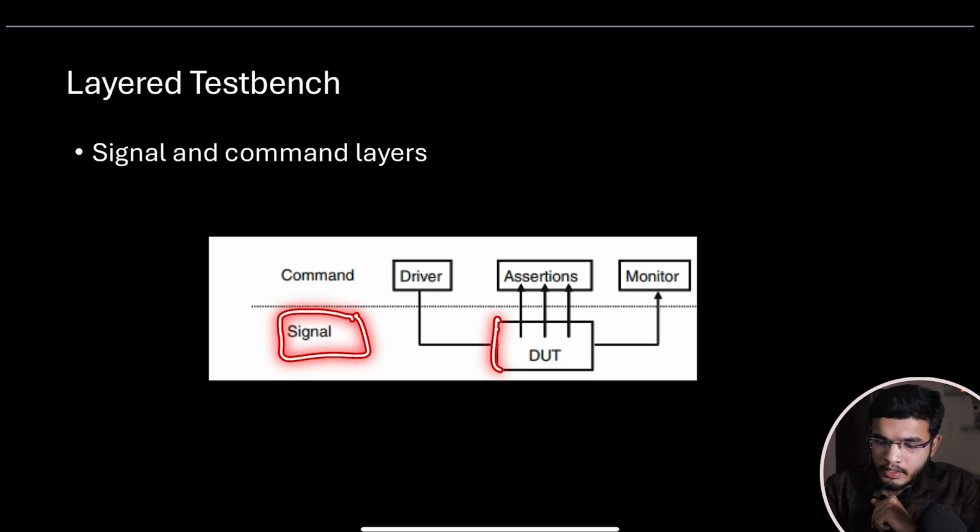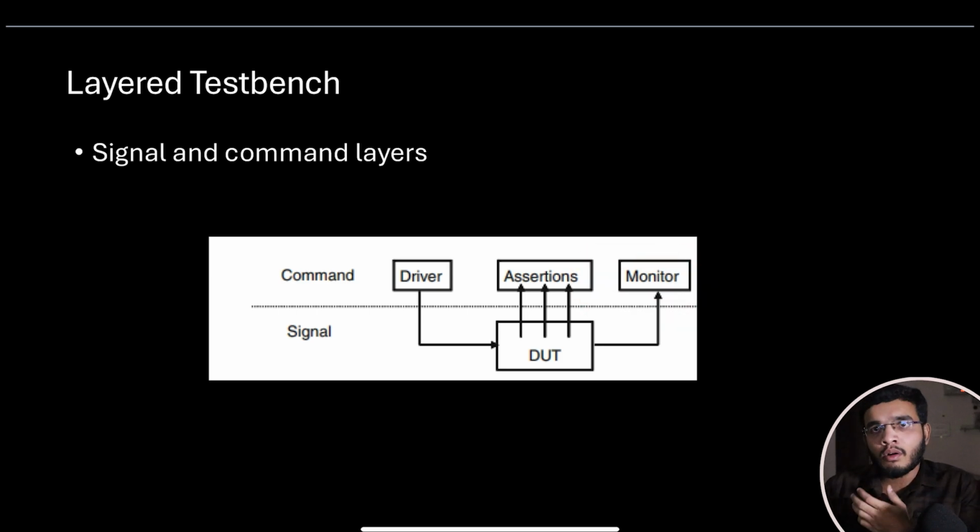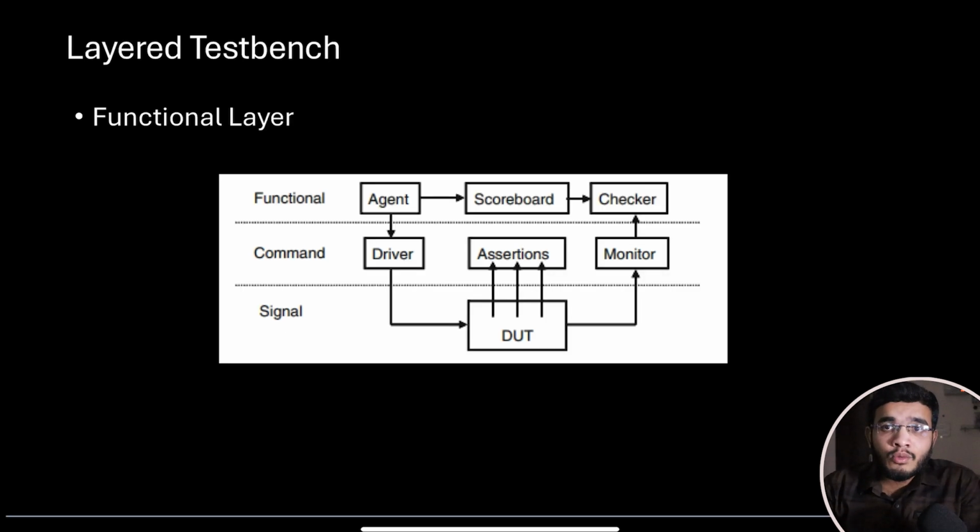Signals are where the DUT lies, and the command layer is basically the driver, which drives these inputs to the design under test. And we have the monitor, where the actual results are observed in this scenario. The next one is the functional layer, which feeds down into the command layer.